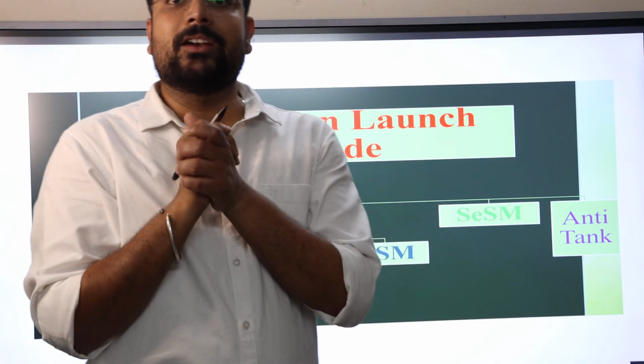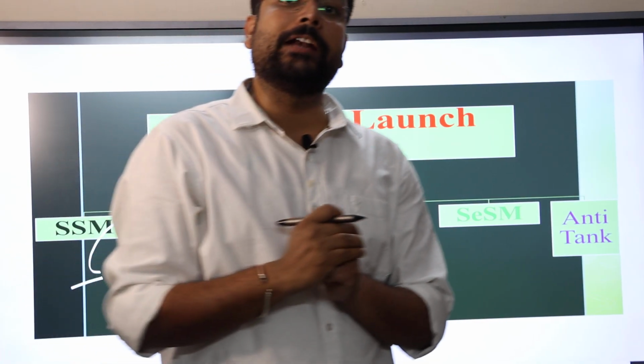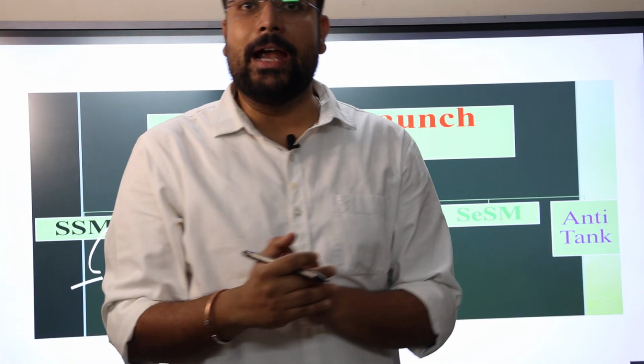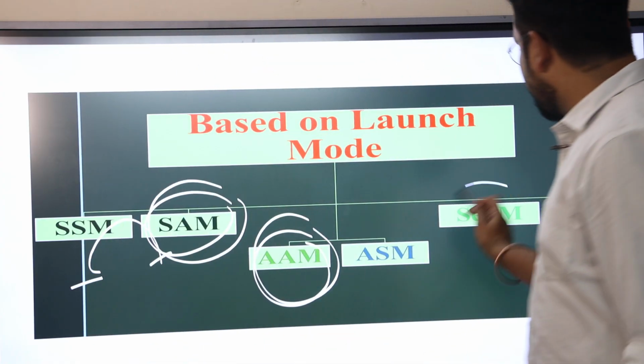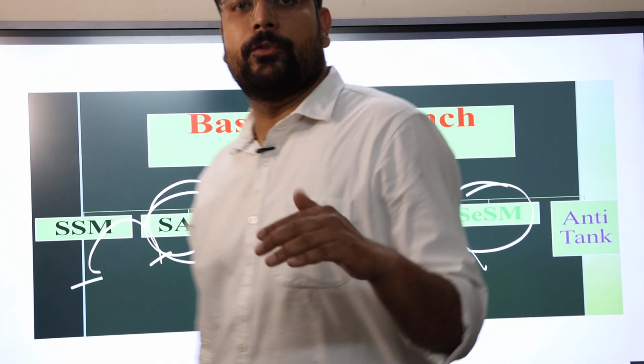Next is sea to surface missile. Sea to surface missiles are those that hit a target situated on the surface, but these missiles are launched from the water, and this is the beauty of such missiles, as they can be launched from within the water, even from the deep sea.